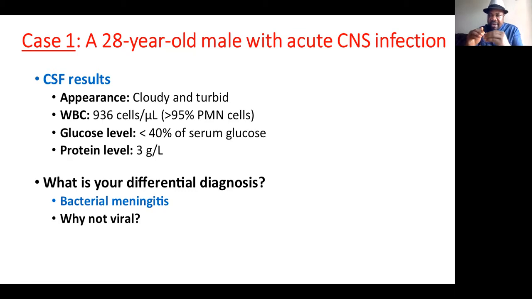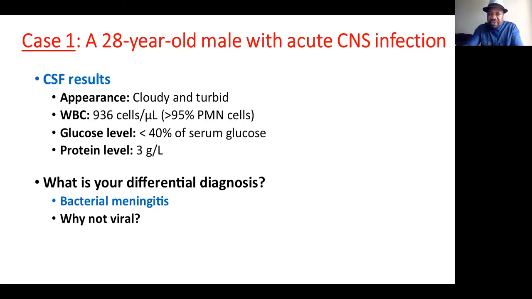Okay, and the glucose level in the CSF during viral infection is usually normal. It's normal, okay? And the protein level, although it might be high, is not as high as it is here. So based on these CSF findings, we can already think more of a bacterial meningitis.